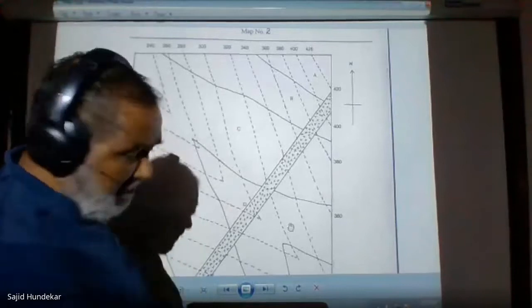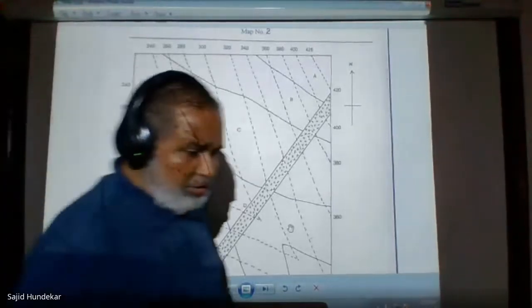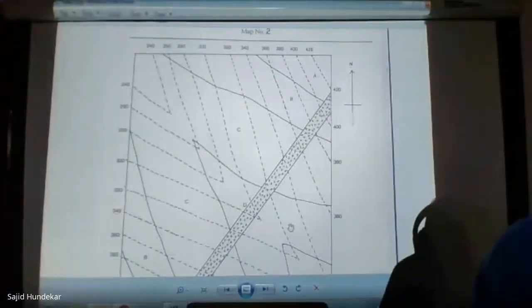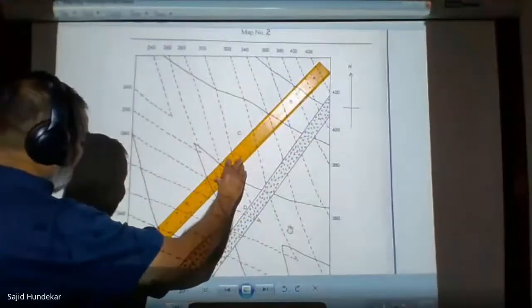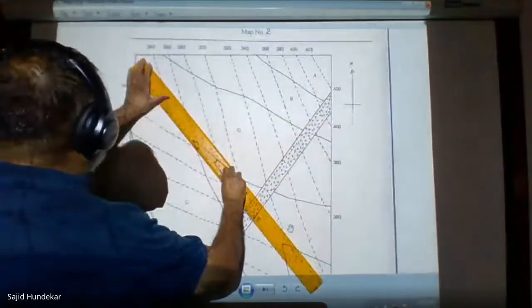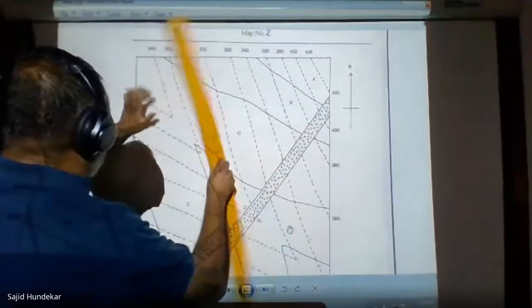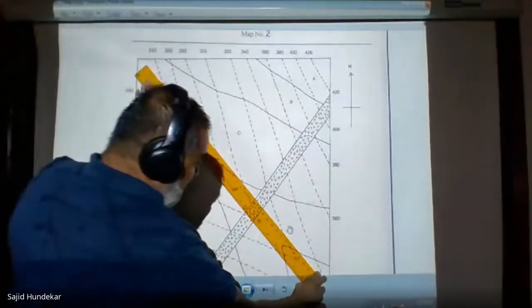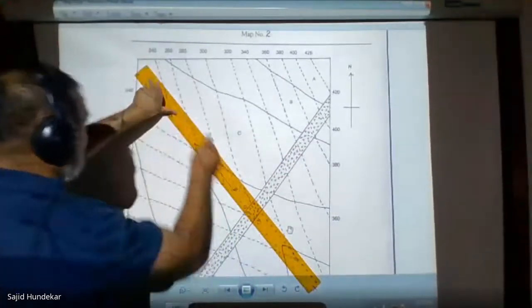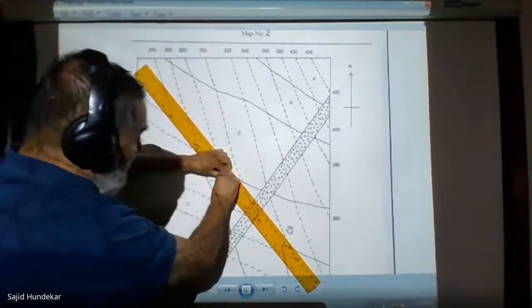So now what do you have to do? The perpendicular to the strike line. Your strike line is in this direction. This is your strike line. Now, perpendicular to the strike line, from the first strike line, the scale will be here. From the first strike line to the last strike line, measure the total distance. How much is there?